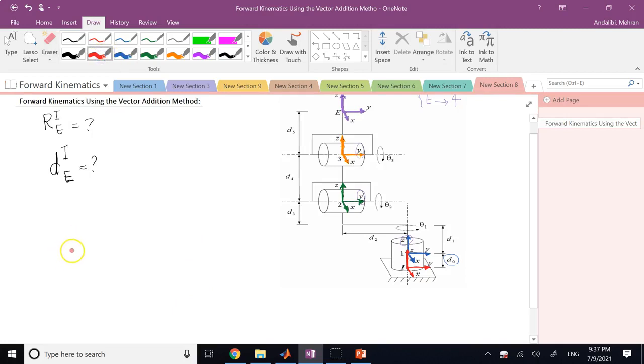If I say in general R of the new frame with respect to the old frame, written about the axis of what? The reference frame.